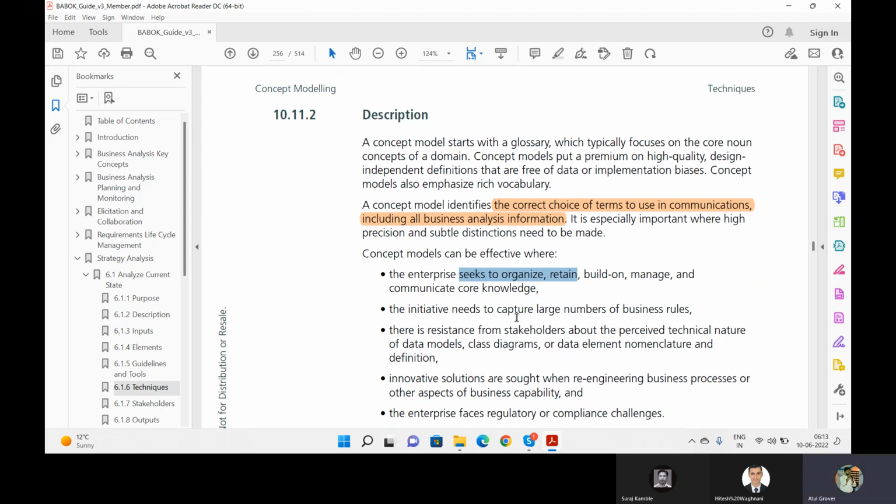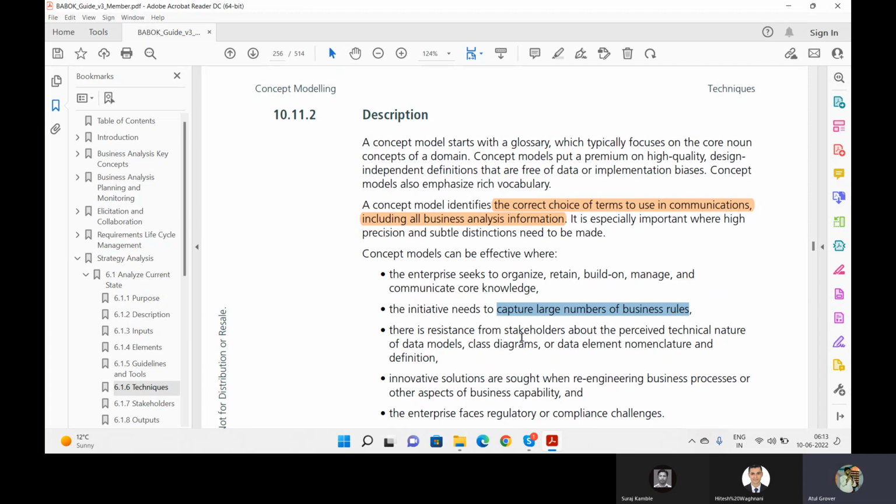The initiative needs to be captured in a large number of businesses. The reason is, why is this required, what is the purpose of this? Because when you're building your documentation, your knowledge, your processes, these words help you to identify and make clear and standard business rules.